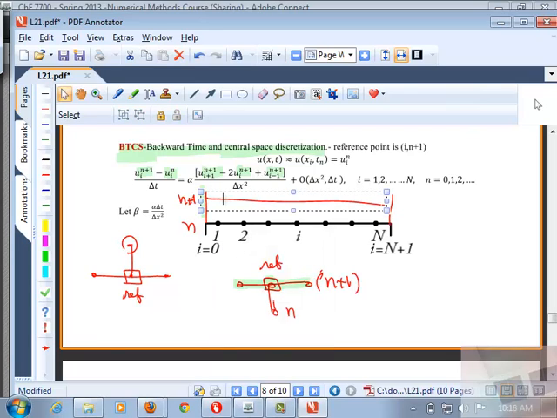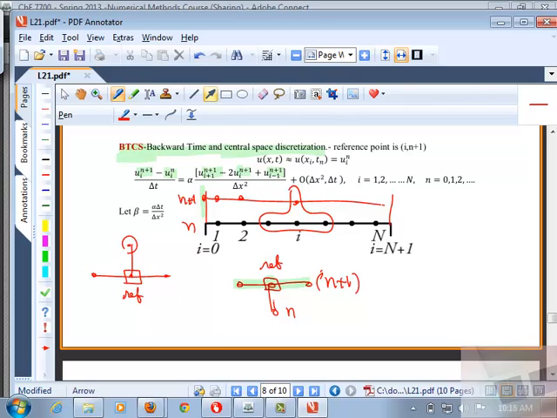So this is known, but anything at the n+1 level is unknown. Anything that is unknown I move to the left hand side, and the known one to the right hand side. Rearrange that equation. What do you think I will get?